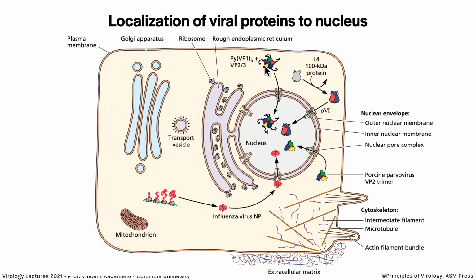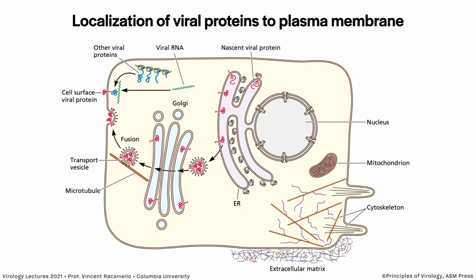Five copies of VP1 forming a pentamer are going into the nucleus to become a capsid and get the viral DNA there, and they have an import sequence in them. The adenovirus structural subunit, the hexon, is getting imported into the nucleus by a nuclear import signal, and here also the parvovirus VP2 trimer, the subunit of the capsid, goes in, and it's going to eventually pick up the single-stranded DNA genome. So import signals to get in, and then, of course, they'll have to get out again.